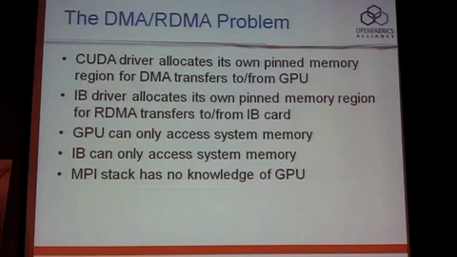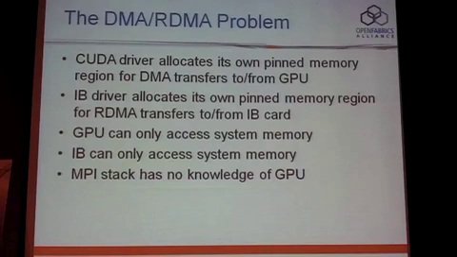The big problem becomes that for efficiency reasons, you want to use pinned memory when you're doing DMAs to the GPU or RDMAs to the Infiniband or other fabric card. In the case of the GPU, our driver for CUDA allocates its own pinned memory region for DMA transfers.